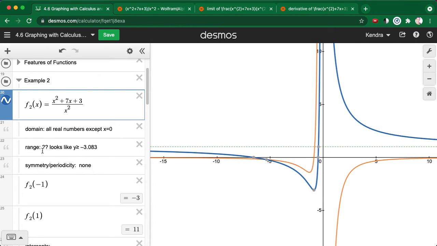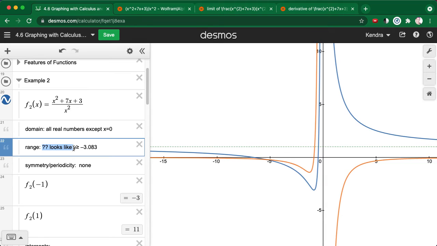So I can actually now confirm our range and say my range is y is greater than or equal to negative 37/12. Okay, or I can say that the range is negative 37/12 to infinity, as an interval.